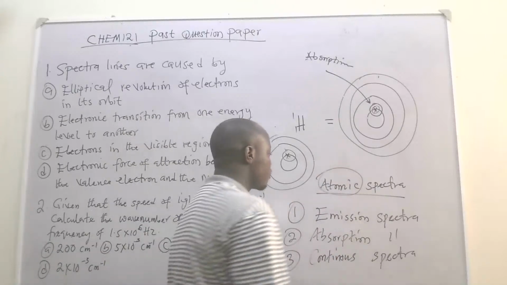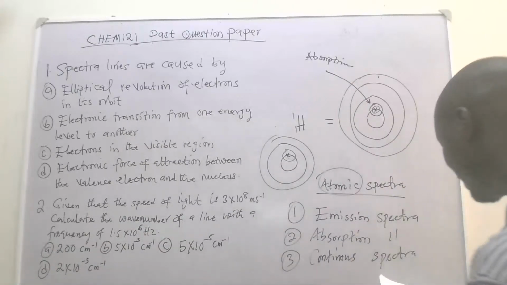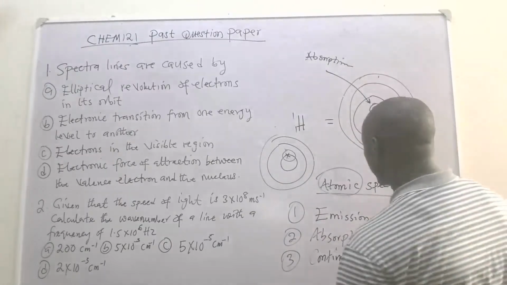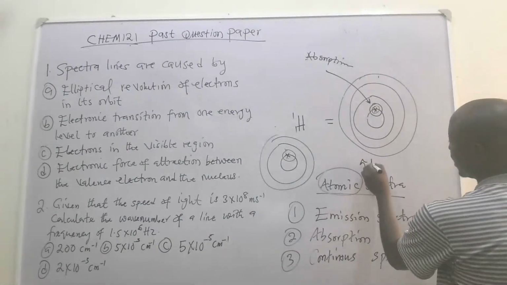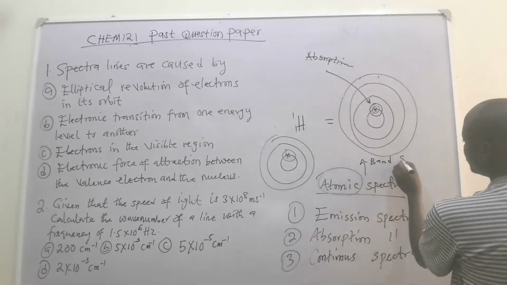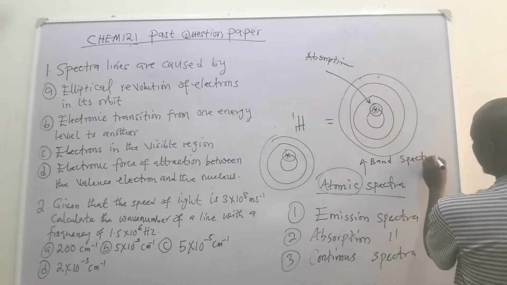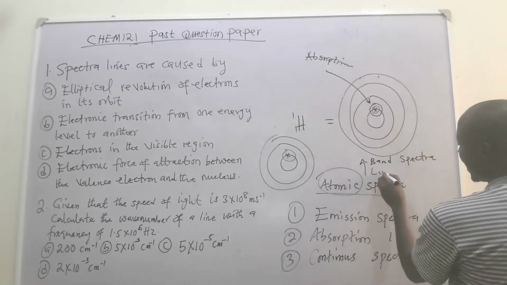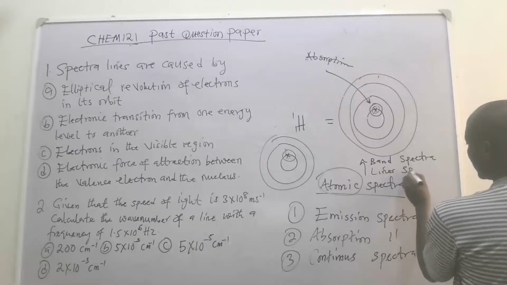And this atomic spectra actually has two characteristics. We have what we call band spectra, and then we have what we call line spectra.